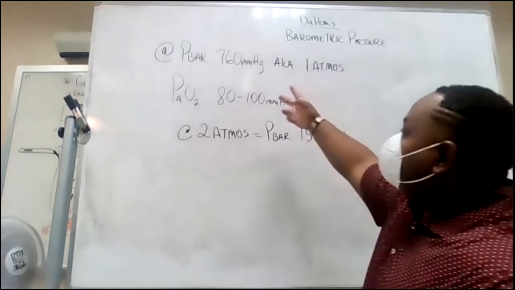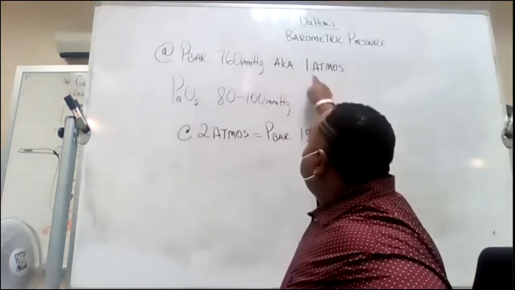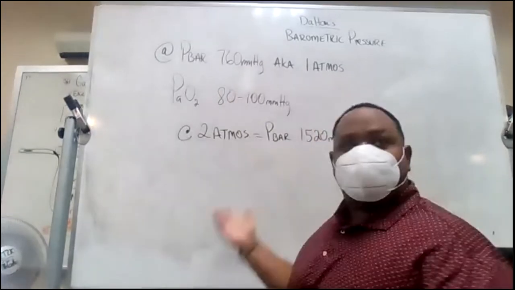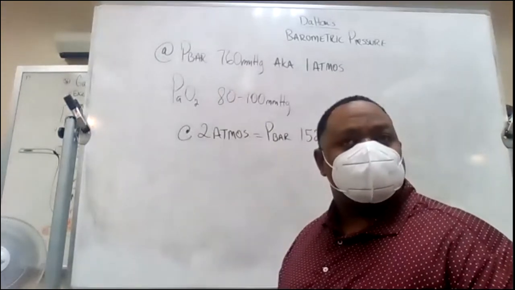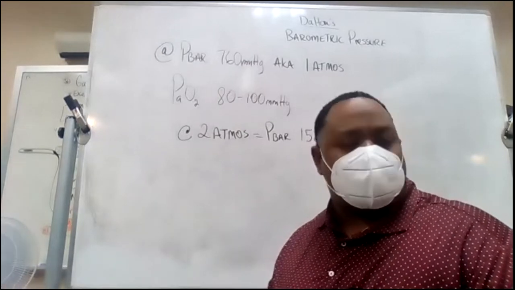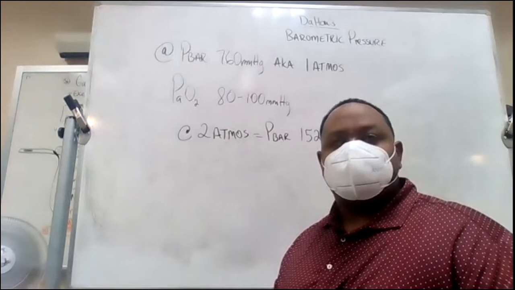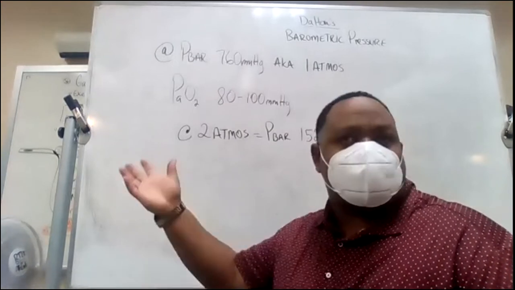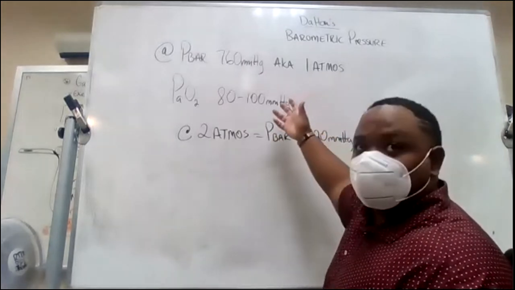Okay. So 2 of those. One atmosphere is 760, so 2 of them is 1520. How much would 3 of them be? 760 plus 760 plus 760, or 760 times 3. See what I'm saying? So it just keeps going. It's just showing you how it doubles, okay?